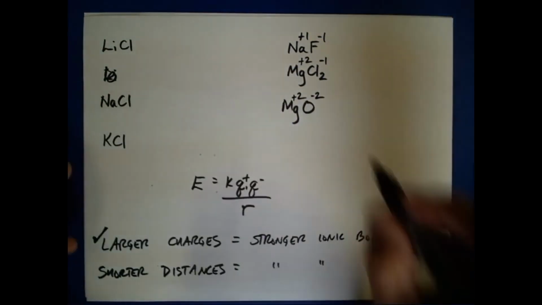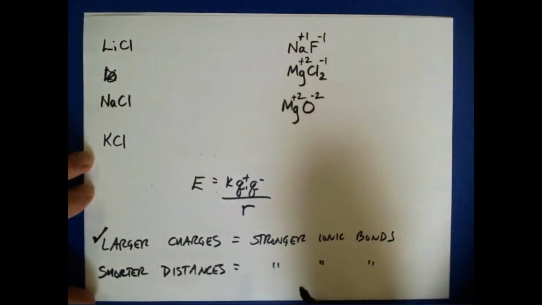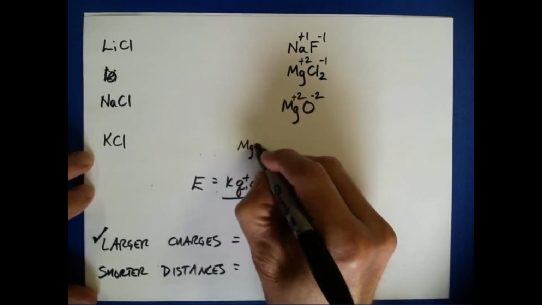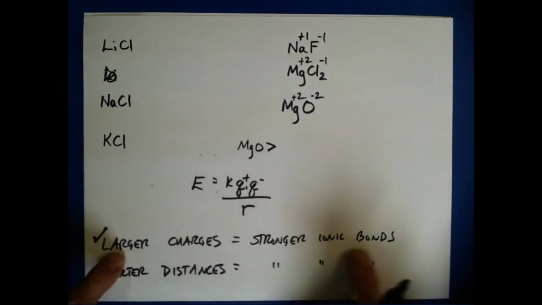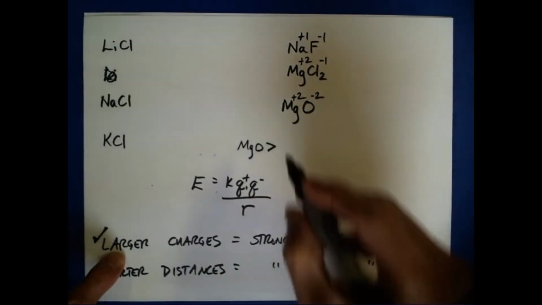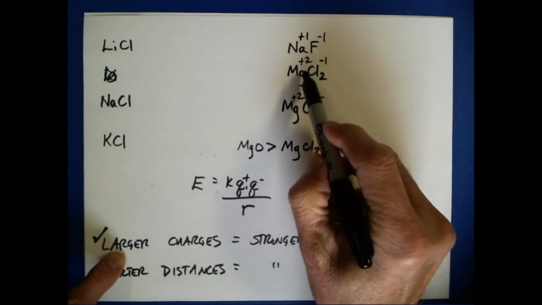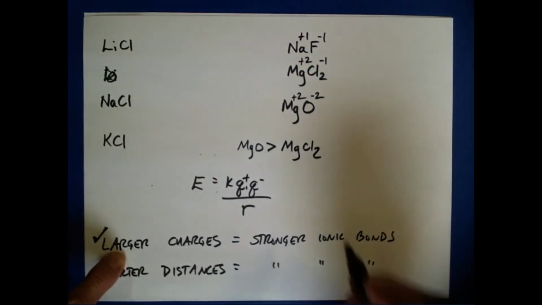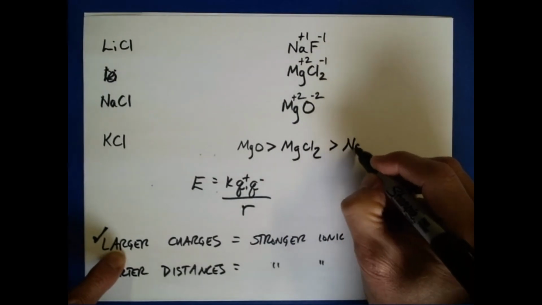So if I was going to compare these in terms of the strength of their ionic bonds, we would say magnesium oxide is going to have a stronger ionic bond because of larger charges, a +2 and -2. That's going to have stronger ionic bonds than magnesium chloride, which is going to be a +2 and a -1, which we'd expect to have a stronger ionic bond than sodium fluoride.